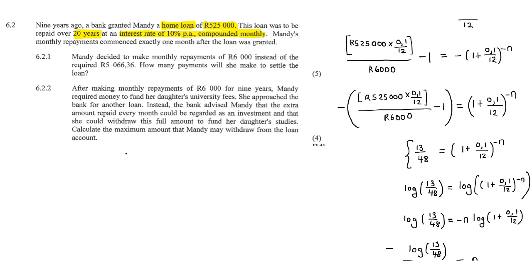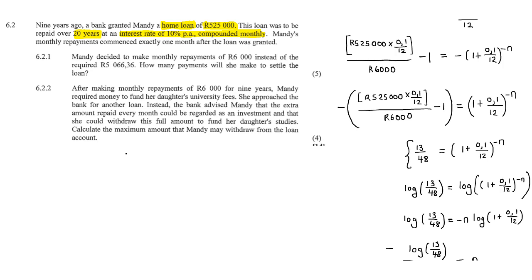But now the bank goes like, we got you. You were trying to run away from us, because she was paying extra on her loan, which means we're going to lose her as a customer much faster.